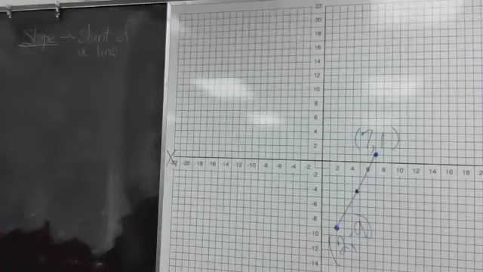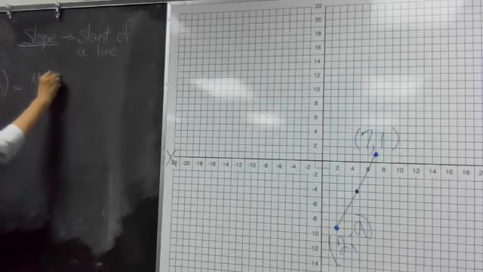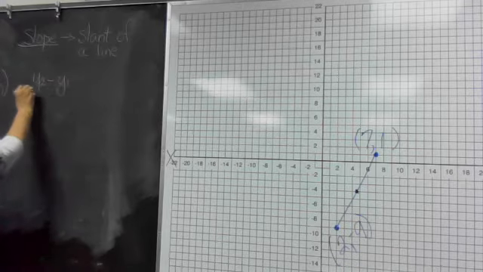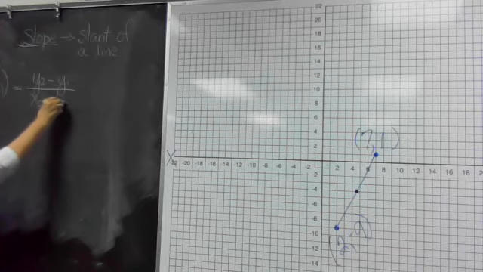So to find slope, and on your formula chart, they will probably call it M. M stands for slope. The formula says to take y2 minus y1, the y's go on top, x2 minus x1.